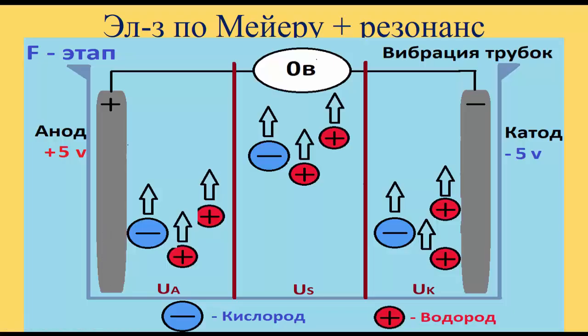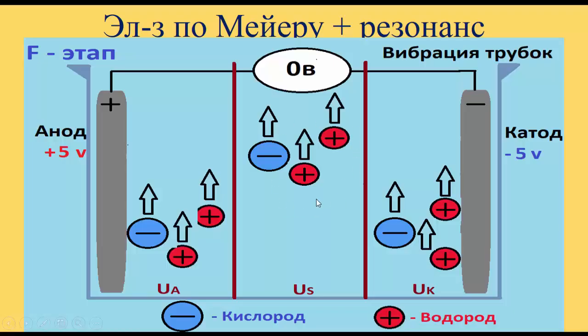They throw themselves off, so the anode drops an oxygen atom vibrating, a cathode throws off hydrogen atoms vibrating, so that we have the entire volume of UA involved in the formation of brown gas, the entire volume of UK involved in the formation of brown gas, and the entire volume of US is involved in the formation of brown gas.